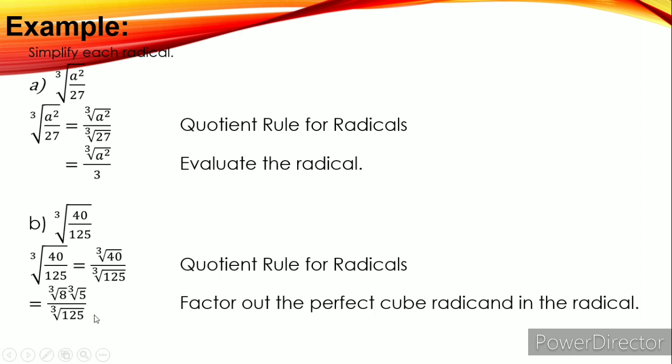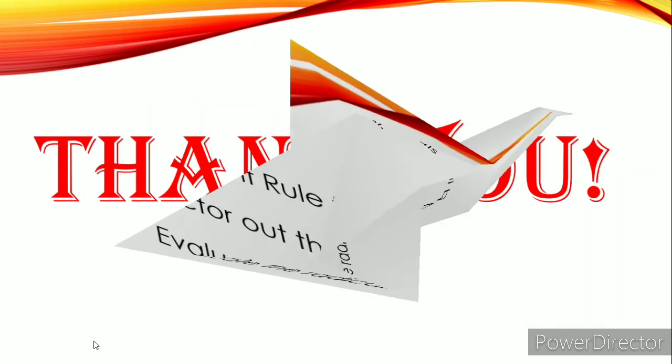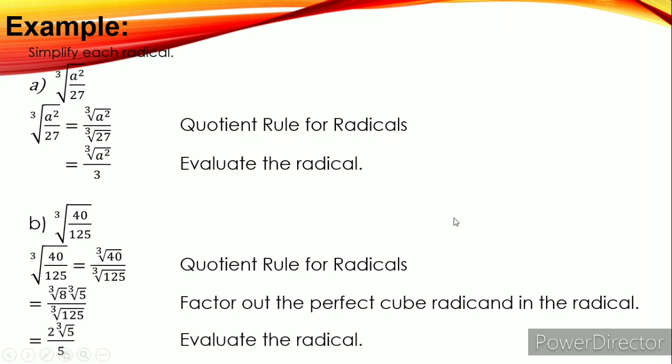Then, the simplified form is 2 cube root of 5 divided by 5. That is the final answer.